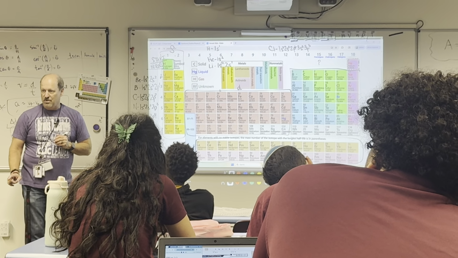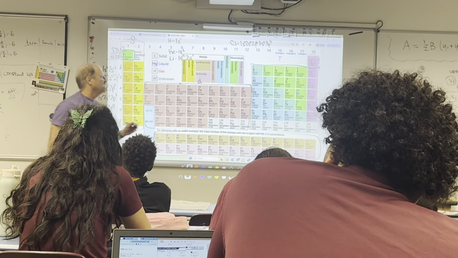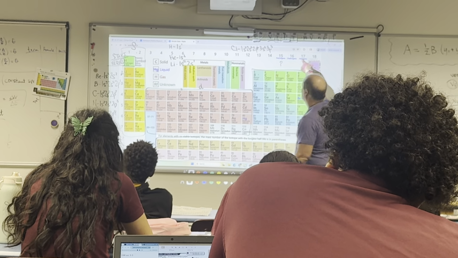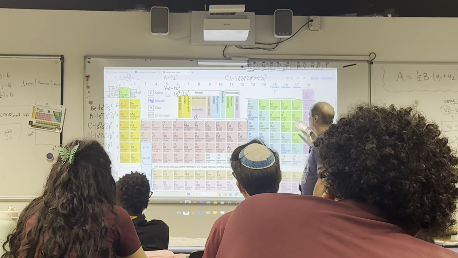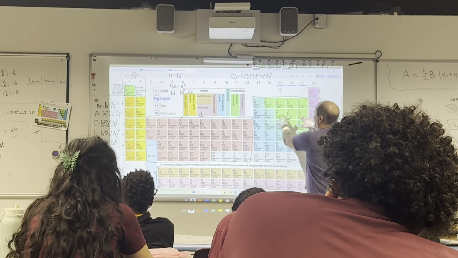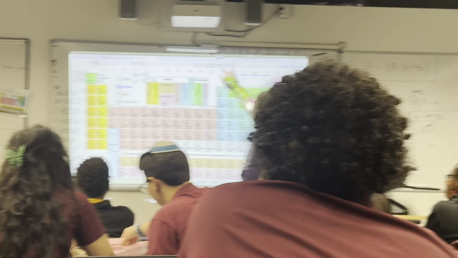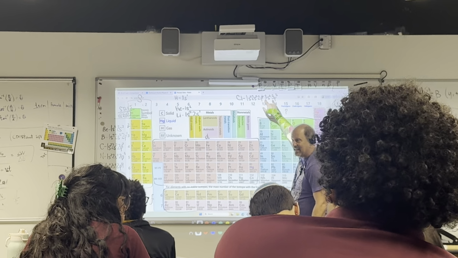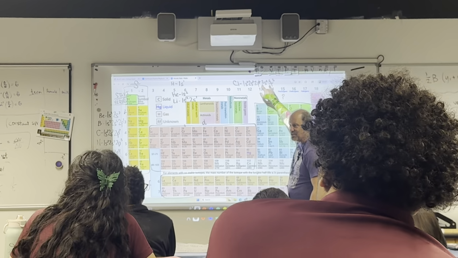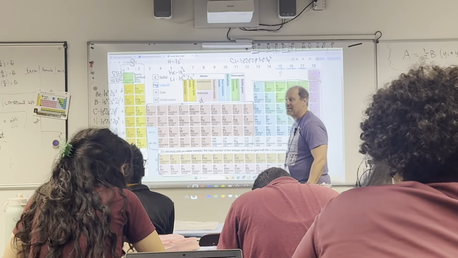Tell me which part you're confused about. The number of valence electrons in chlorine is 7 because it's in group 17, right? And we count those because we count 1, 2, 3, 4, 5, 6, 7. So if I go to the electron configuration, I go to the highest energy level, which is 3, and I count the number of electrons in the highest energy level. 2 in the S, 5 in the P, for a total of 7.